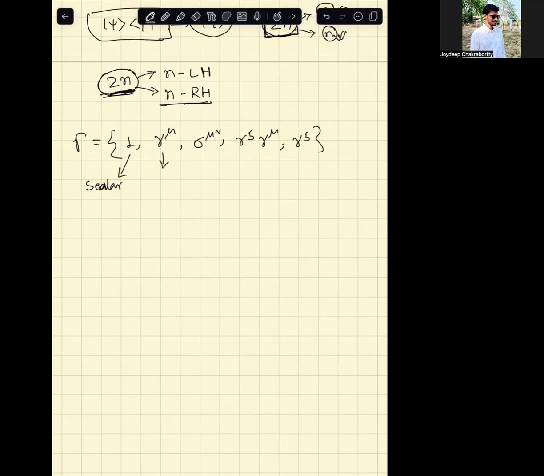Gamma mu will transform like a vector. This, sigma mu nu, will transform like a rank 2 tensor. This is transforming like a pseudo vector, sometimes called an axial vector. Axial nature because of the gamma 5, because gamma 5 is very related in this particular notion with parity.